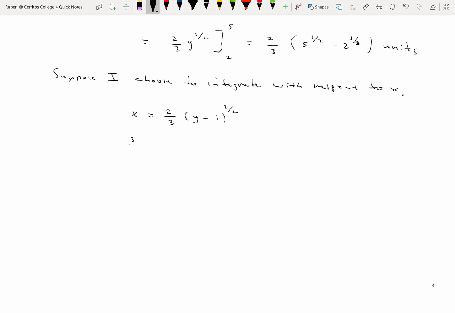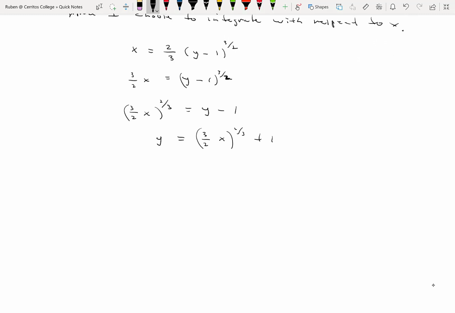So if I multiply both sides by 3/2, and I need to solve for y, so if I raise both sides to the 2/3 power, I get 3/2 x to the quantity to the 2/3 power equals y minus 1. Finally, that gives me y equals kind of a strange looking function, 3/2 x in parentheses to the 2/3 plus 1.